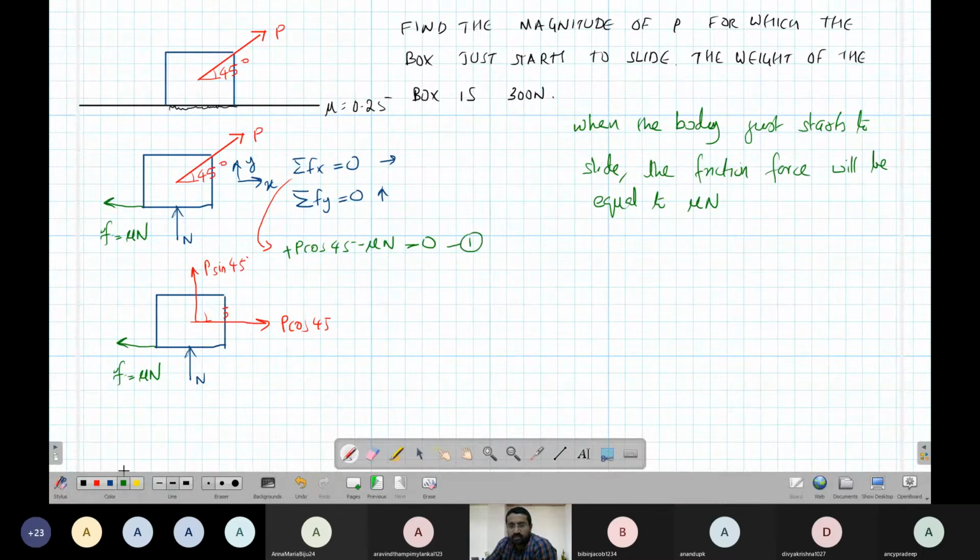For the second equation, we take the y direction, upward positive. P sin 45 is positive. We also have plus normal force, which is also upward. This is equal to 0.